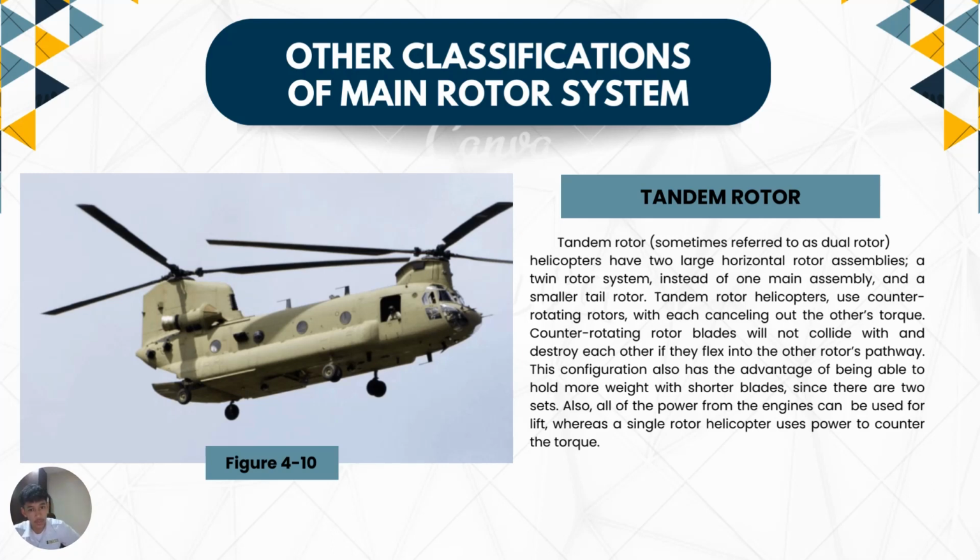Counter-rotating rotor blades will not collide with and destroy each other if they flex into the rotor's pathway. This configuration also has the advantage of being able to hold more weight with shorter blades since there are two sets. Also, all the power from the engines can be used for lift, whereas a single rotor helicopter uses power to counter the torque.